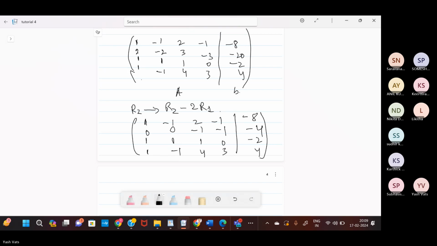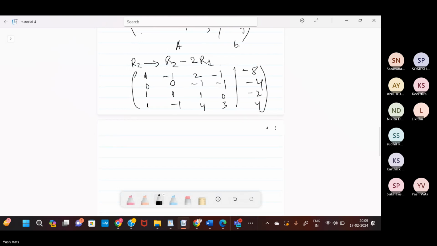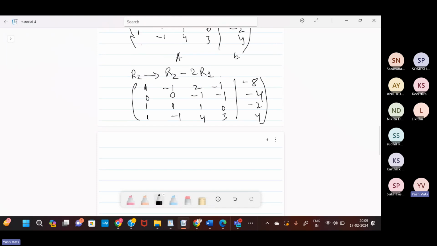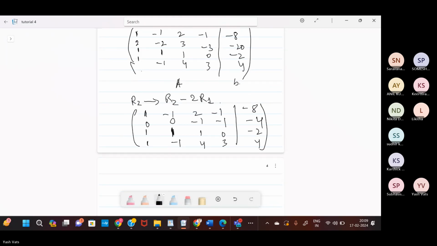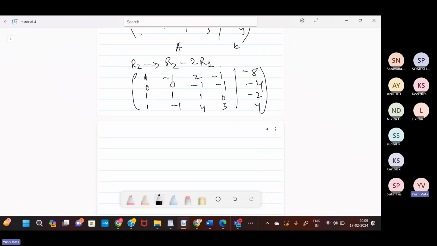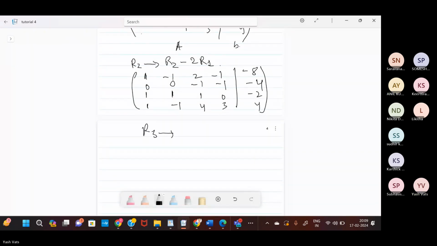Is it right? Yes, sir. Okay, which operation should I do next? Anyone? R3 minus R1. Yes. So R3, what are the values?